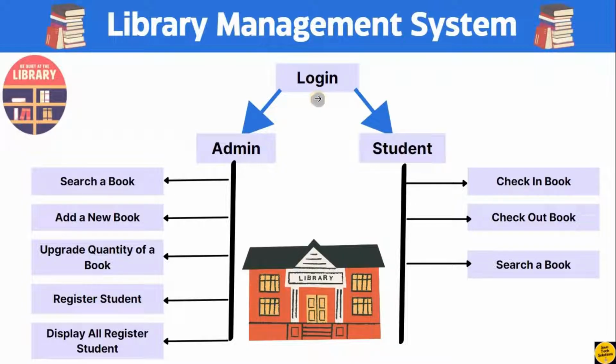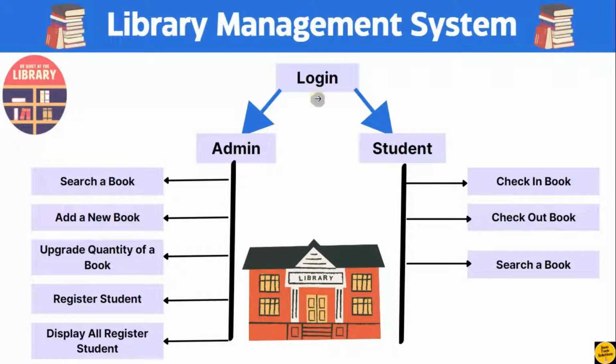The next point is to register a student. Whenever students want to check in or check out books, they should be registered in the library management system. Without registering, they can't access the functionalities, because how can we identify whether this is a valid student or not?